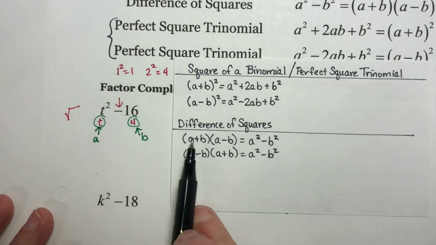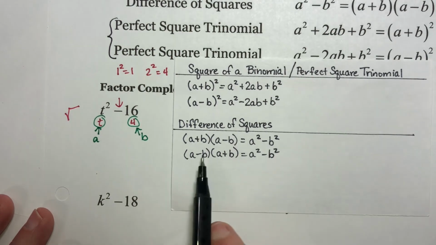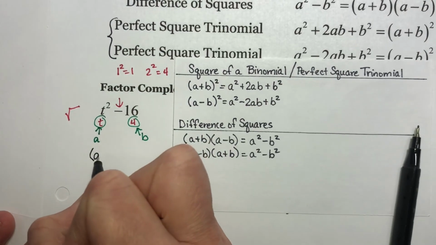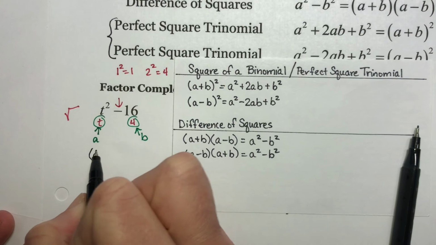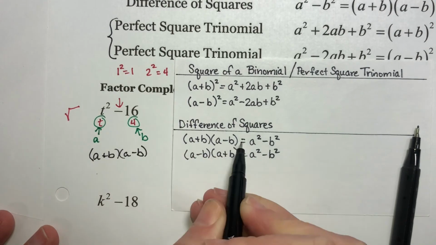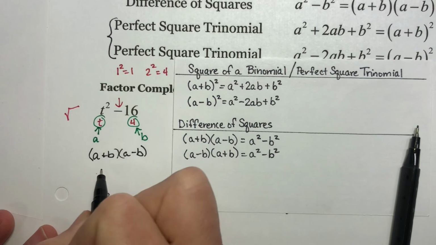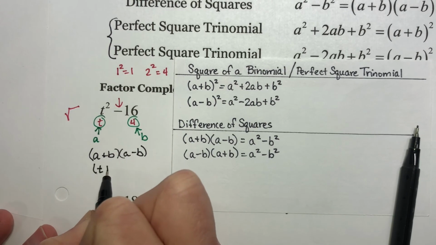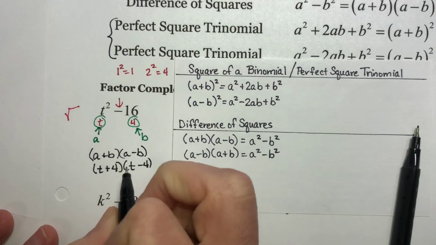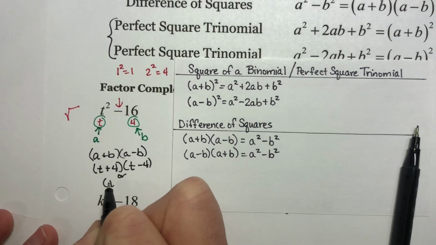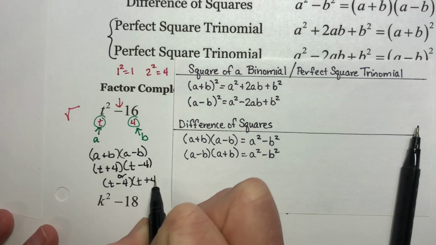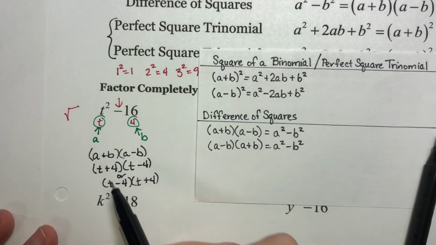You take your A plus your B times your A minus your B. Or you can do the minus one first, but this factors as A plus B, A minus B by the pattern. Now take these and plug it in. This will be T plus 4 times T minus 4. Or if you need to or want to, you can put the minus first. It is my own personal habit to put the plus first.